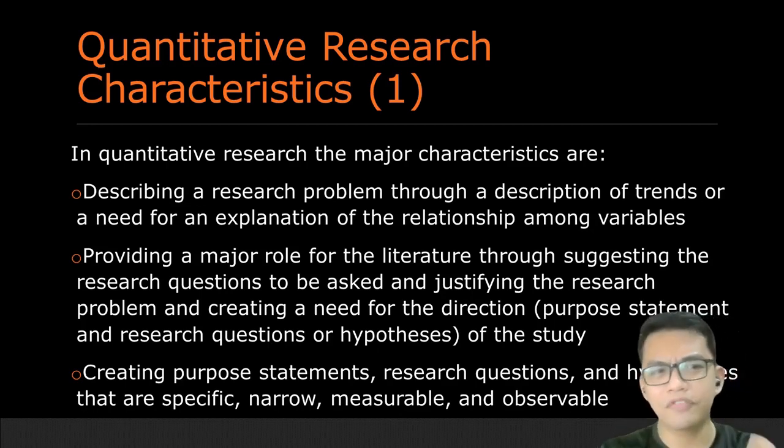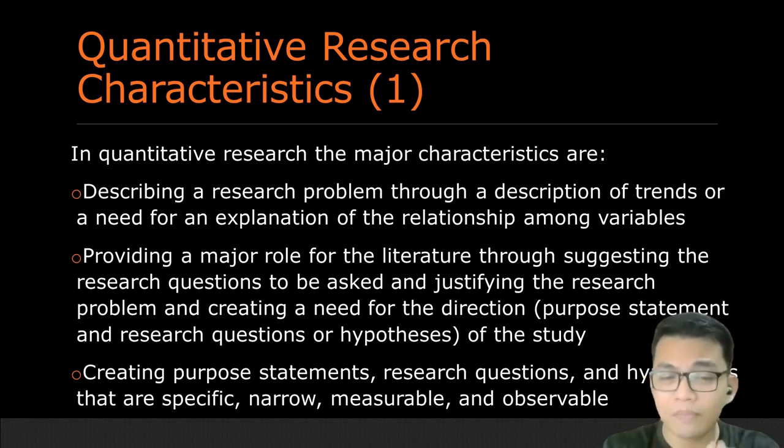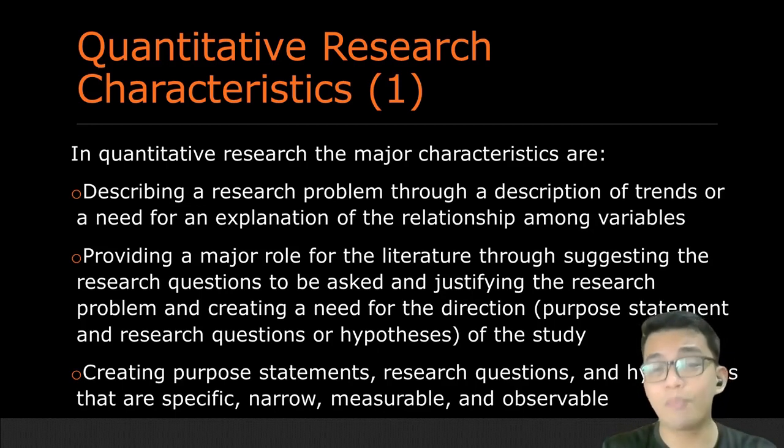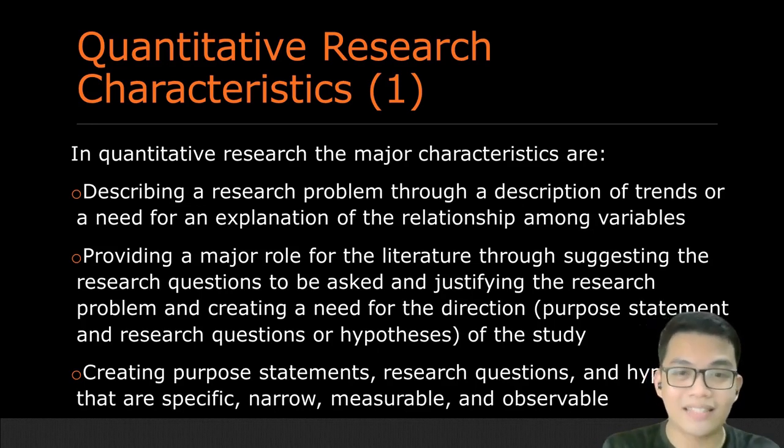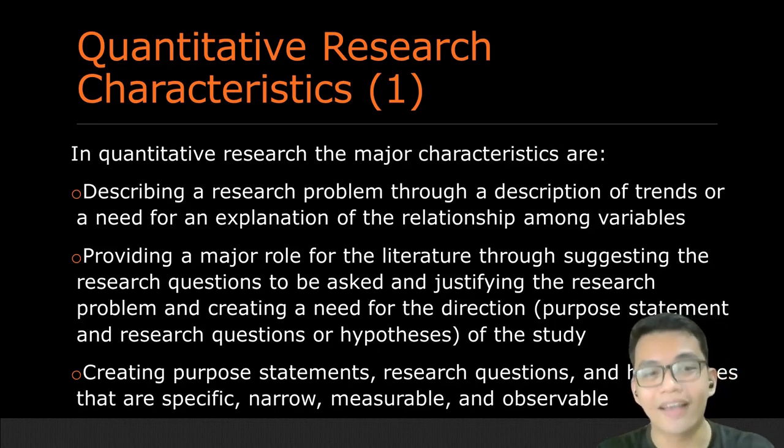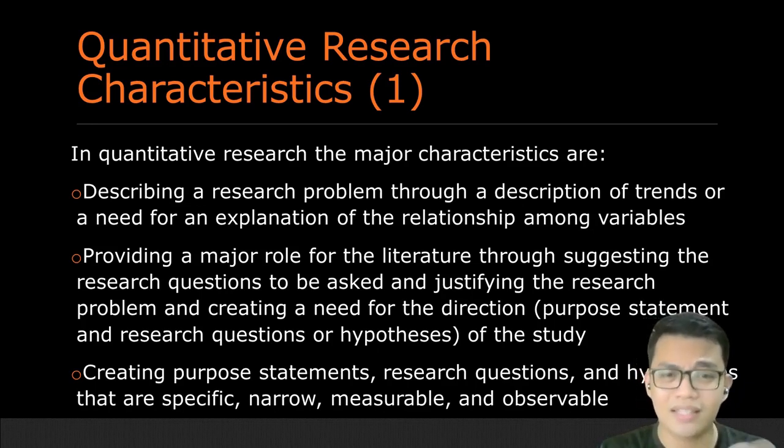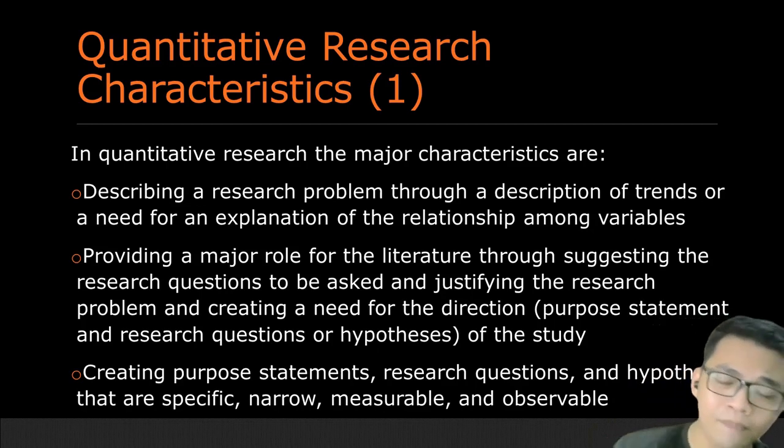Because if quantitative research is about trends and relationships of variables, you have to be able to see somewhere the possibility that such variables are in fact related. So if more or less it has been known that such a relationship exists, even if it's not quantitative in nature, you're able to justify that we have to test this. That's where you get your gap for the research.